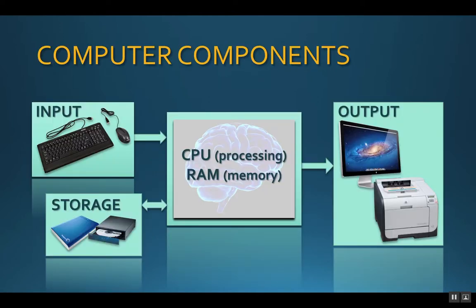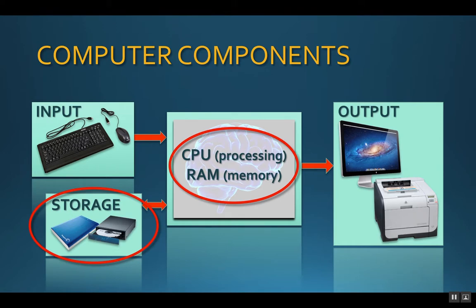So generally speaking, when we're talking about computer components, basically how the components work together at this point, essentially you're talking about binary information being transferred between input devices and output devices, between the central processing unit and storage.